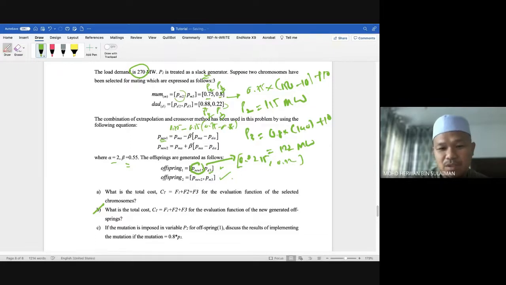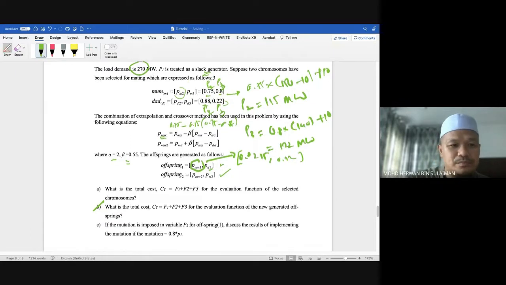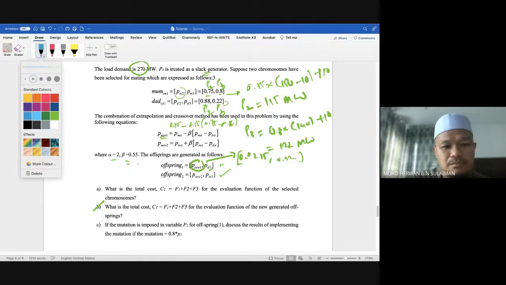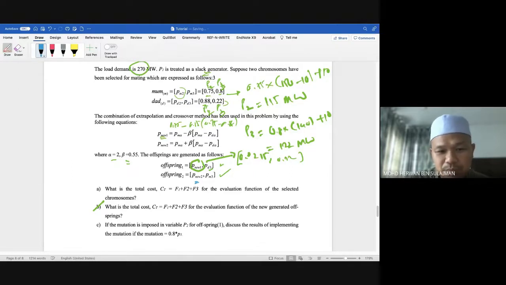Offspring number 2, P new 2. So P new 2 is P mum alpha, meaning that this value is also 0.75, but now it's plus 0.55.